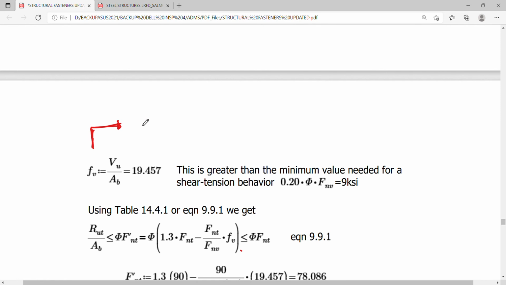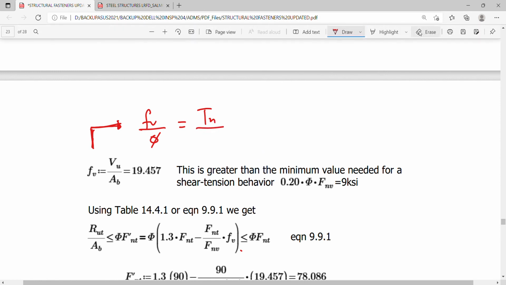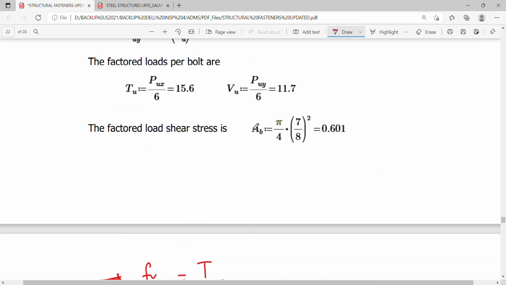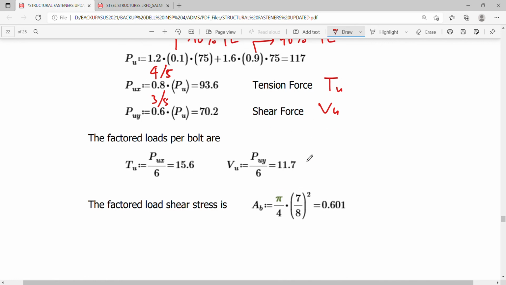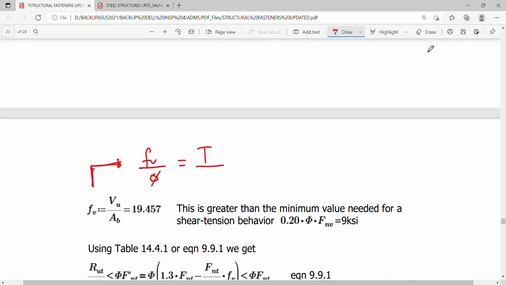If I consider the original equation a while ago, this is FB over phi, and this is simply a consideration of your shear. Let's use the variable here. The shear is VN. Okay, so we use VN.